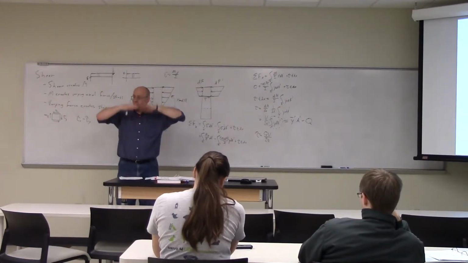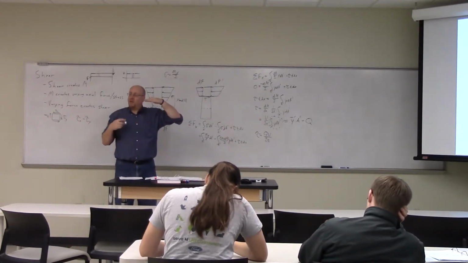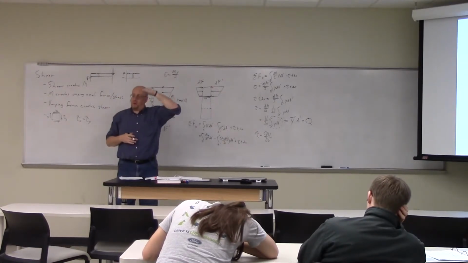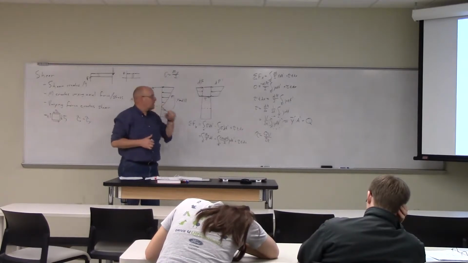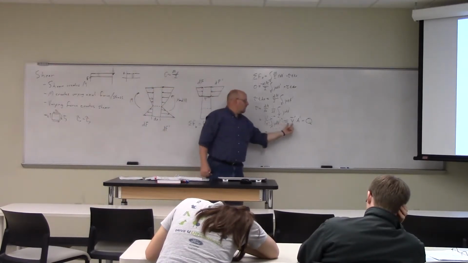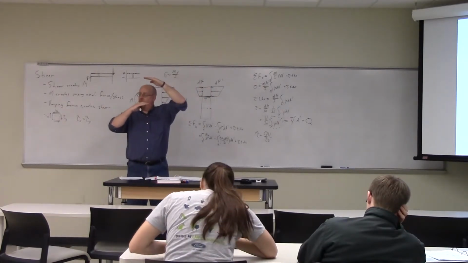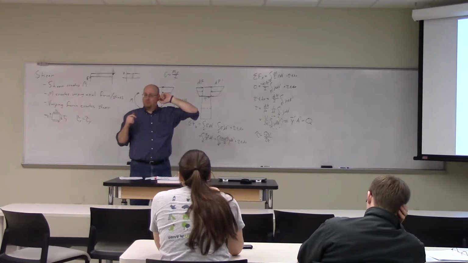V, I, and t are the same for the whole cross-section. So Q represents the distribution of that shear stress as I move through the cross-section. Does that make sense? Okay. And it is the product of the centroid of that remaining area times the area.